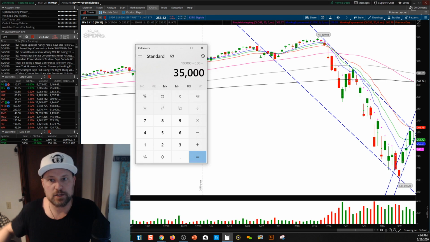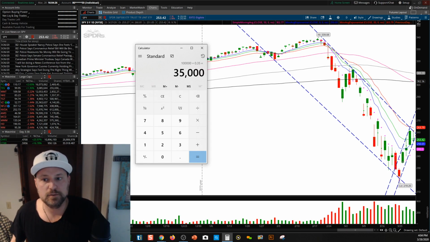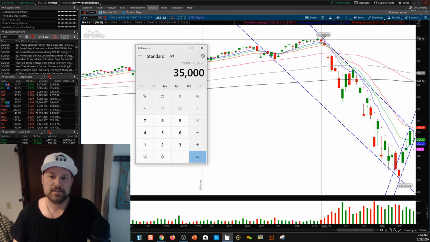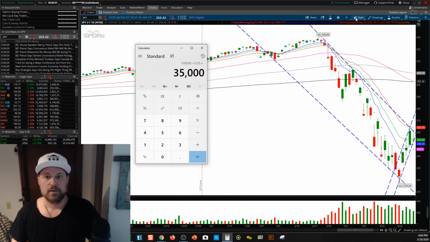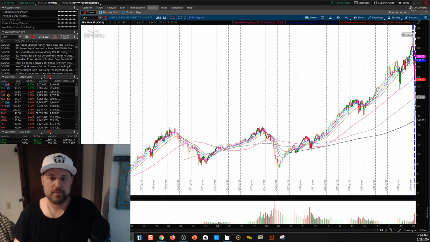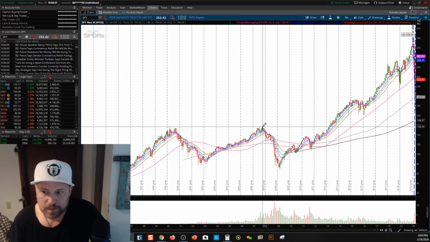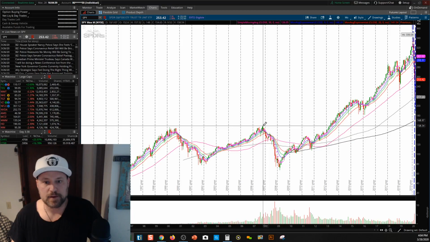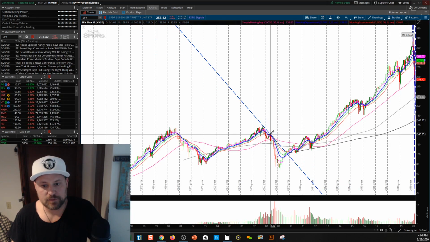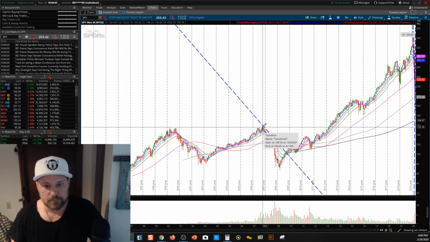Again, with the Fed injecting money and God knows what they're going to do, they may prop it up again. It's not a typical market. But if you go back, here's a perfect example: 2008 happened, and it was at $156. Then you can see it just fell down.